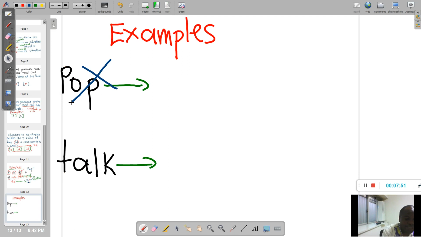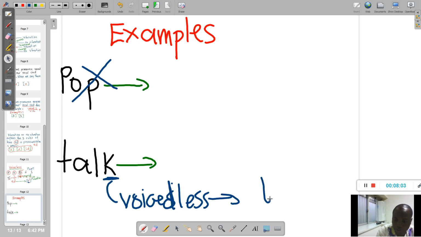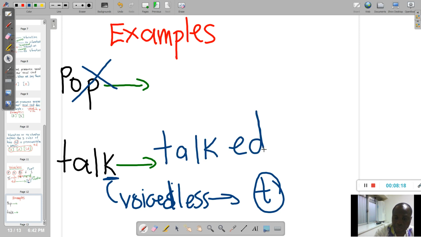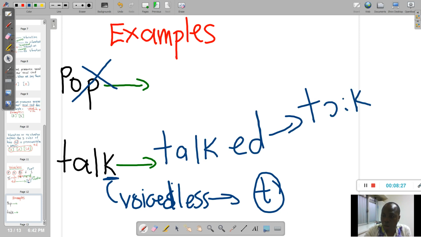If I want to make the past tense, this K is the last consonant and it's voiceless. Because it is voiceless, the pronunciation is going to be the T pronunciation. Remember, we don't add any K, we just add the ED. So how do you pronounce it? Because it is a T sound, we're going to have K and T. Talked. Yesterday I talked to the man.